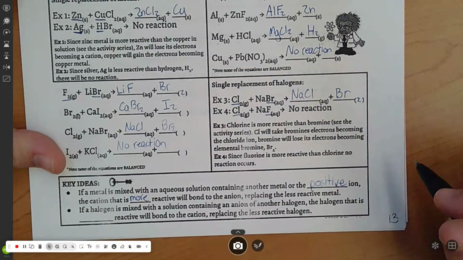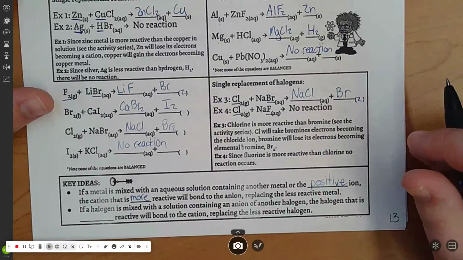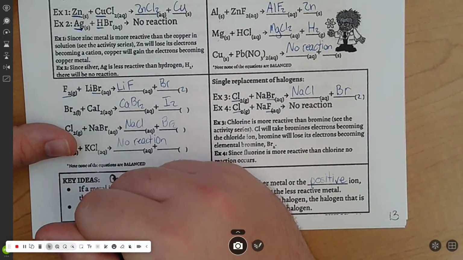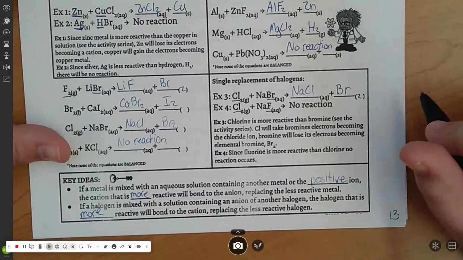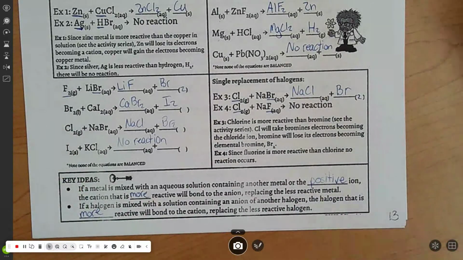So whatever's higher up on our activity series is going to be the one sticking with the anion. And then our other key idea, when we have halogens, that halogen that is more reactive will bond to the cation, replacing the least reactive halogen.